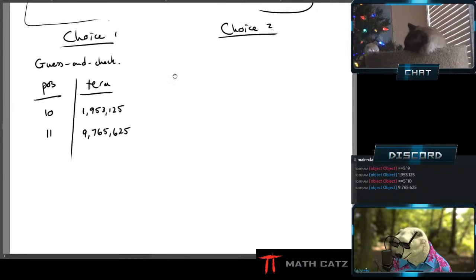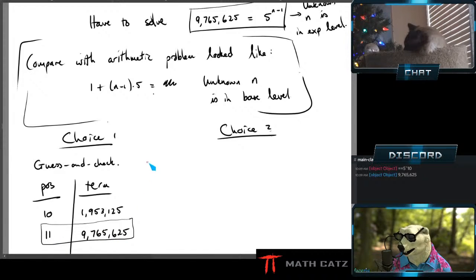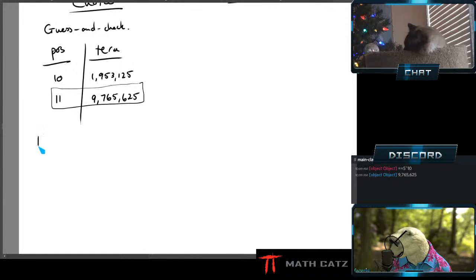Well, it better be. It is. So we have our winner. So that means the position that this term occurs in is position 11. So I can then say the sequence has 11.